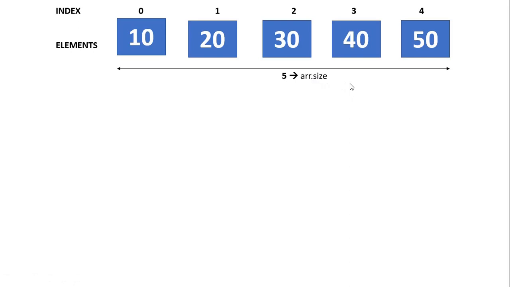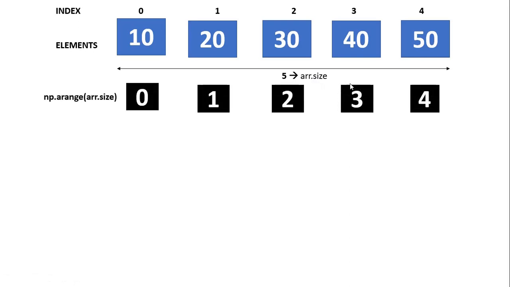Now, once we know the size of the given array, our next task is to go ahead and create another array which ranges from 0 until the length of the given array. That means the new array that will be formed will contain the elements 0, 1, 2, 3, and 4.